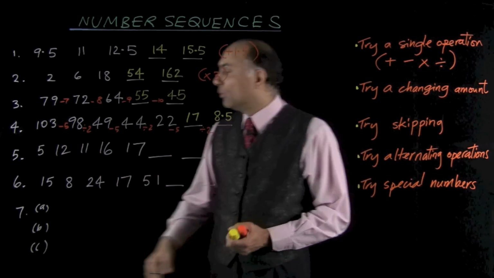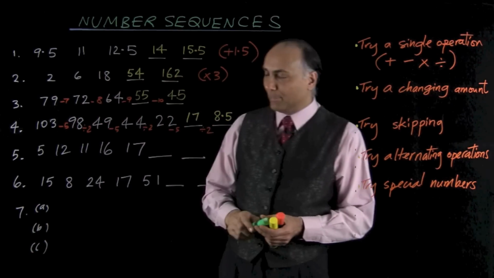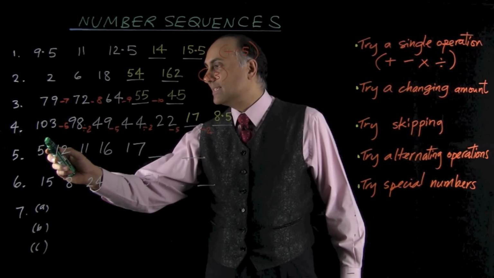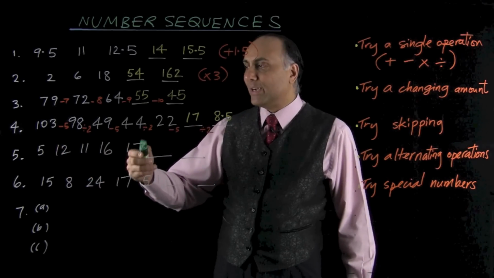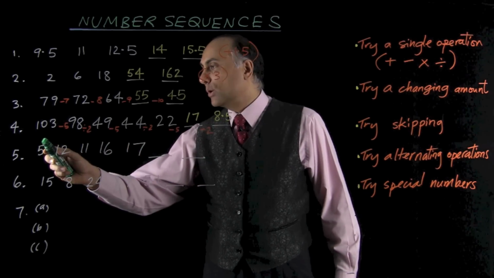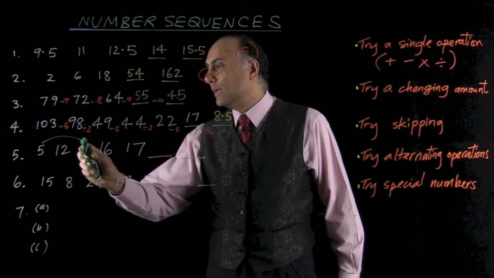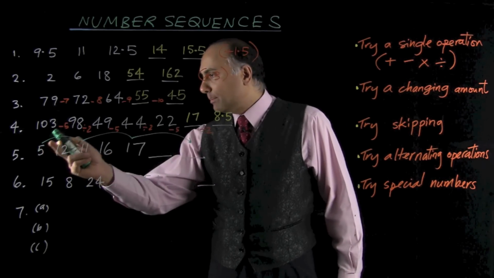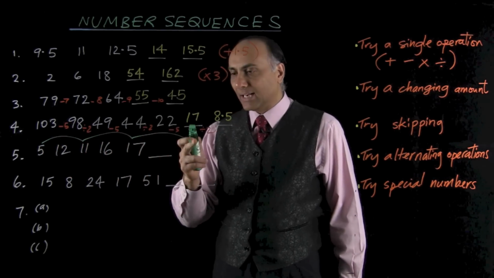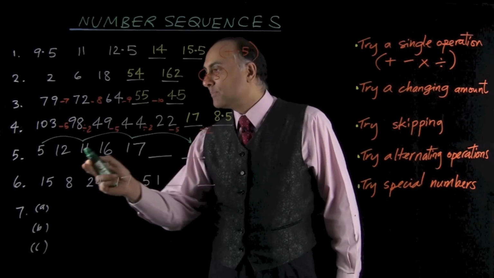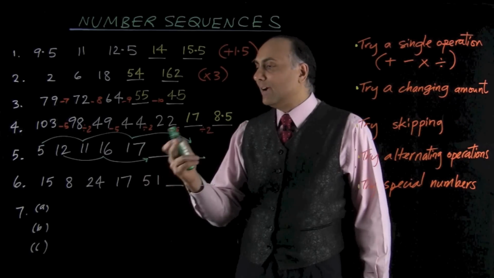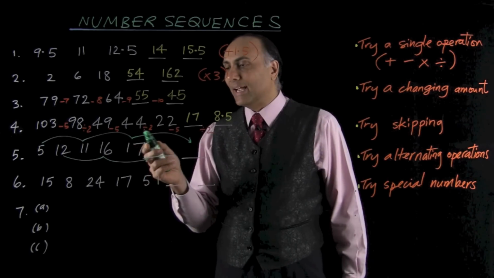So let's try one of them, which is to skip. I would first try the skip just to see if it makes it very simple. A skip is a way of separating out two sequences. So I would say from 5 to 11 to 17 to that one. So that would be plus 6, and if it is a skip, a plus 6 again. And the other sequence is there, which I have no reason to assume there's any error here.